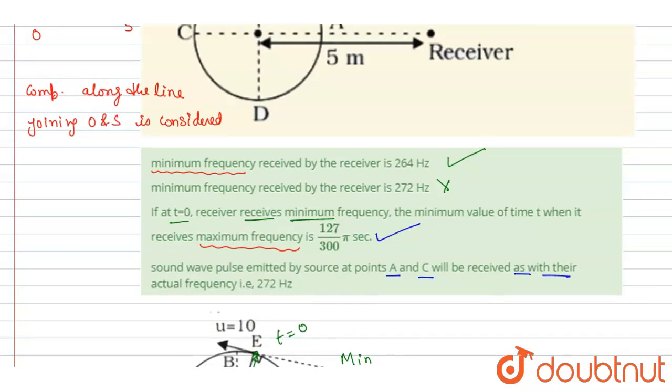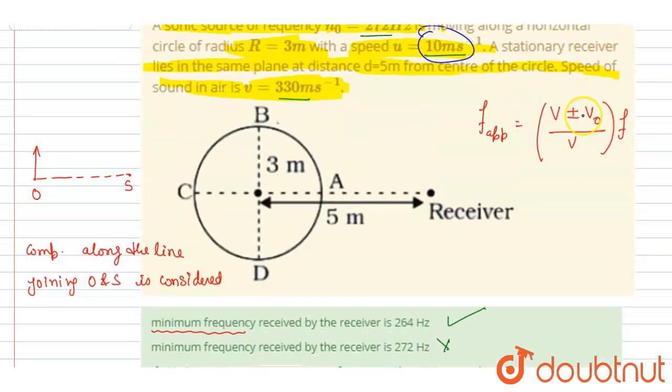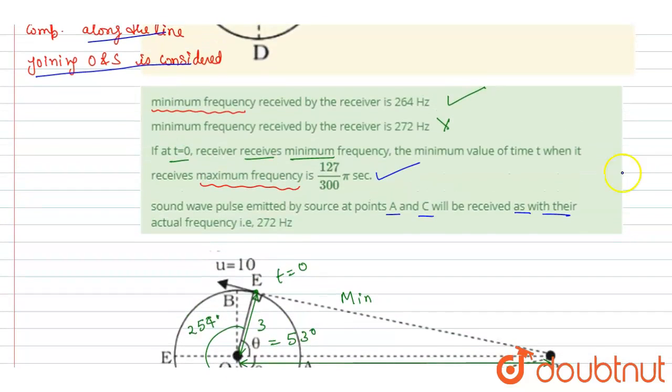As I already told you in the starting, only the component along the line joining O and S is considered. So when it is at A and C, the velocity will be perpendicular to the line joining. What happens when it is perpendicular to the line joining? It won't change. So it will be the same as the actual frequency. So yes, A, C, D are the correct options.